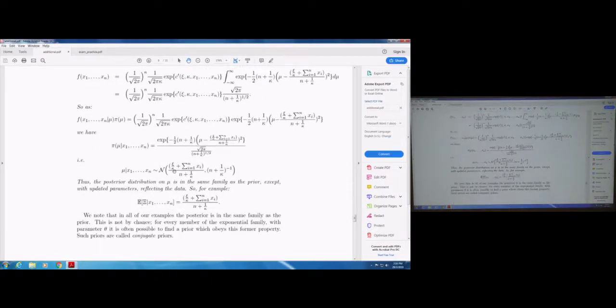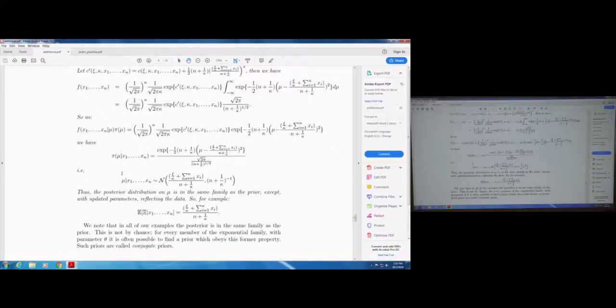Okay, so the interesting point is that the posterior distribution is in the same class of distributions as the prior. So the posterior mean for mu, I've written capital Xi here for some reason, it looks like that. That's the posterior mean, it's this thing here.